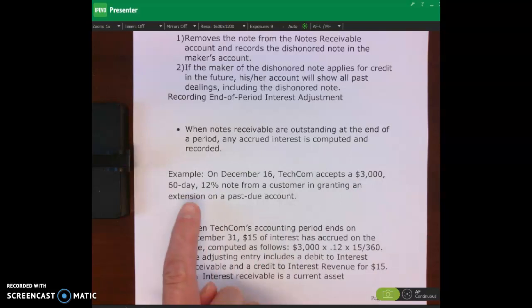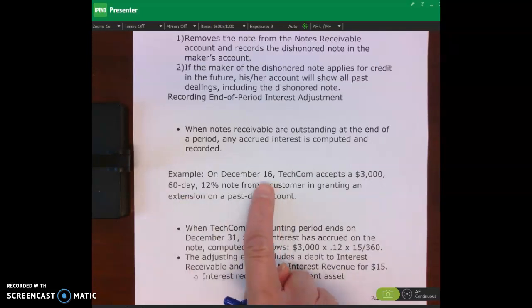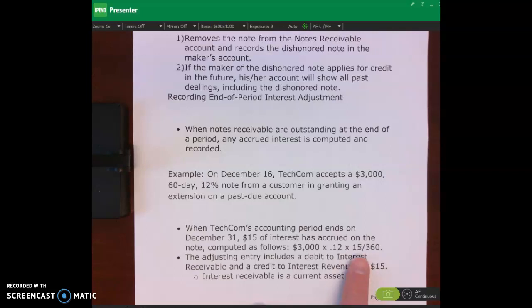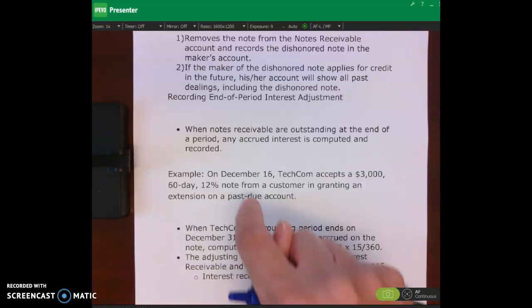But at the end of this accounting period, I have to make an adjusting journal entry to recognize the interest that has accrued from December 16th through December 31st, because I've earned 15 days' worth of interest in this year.